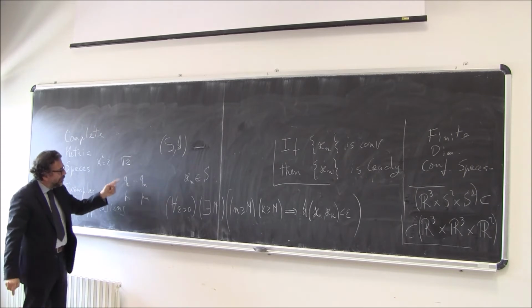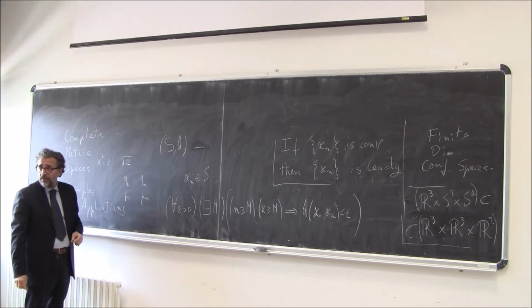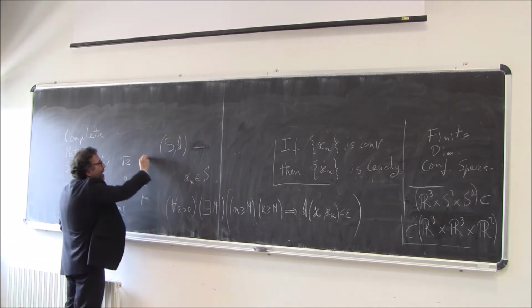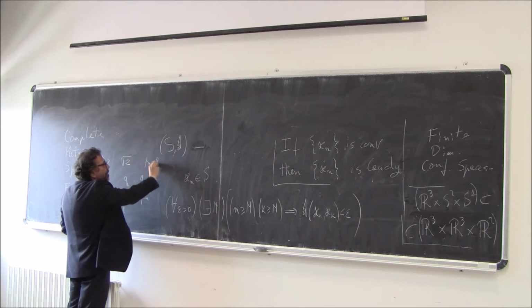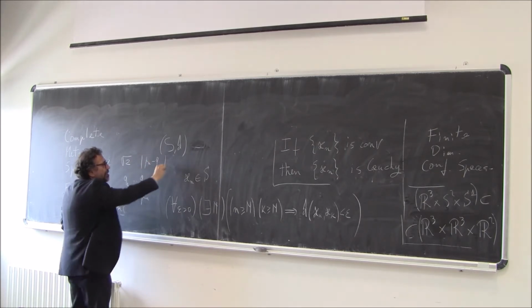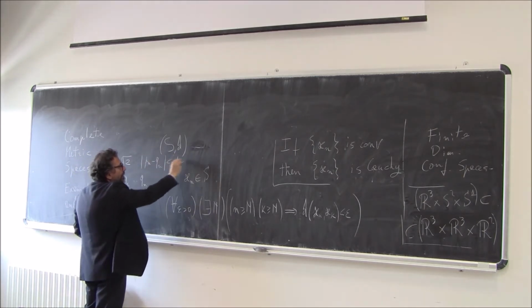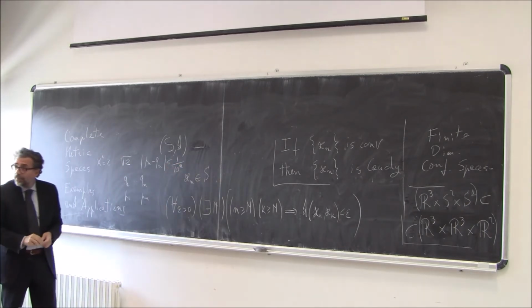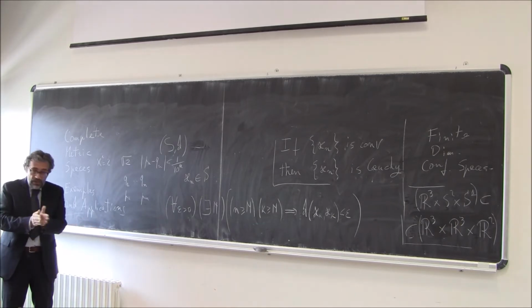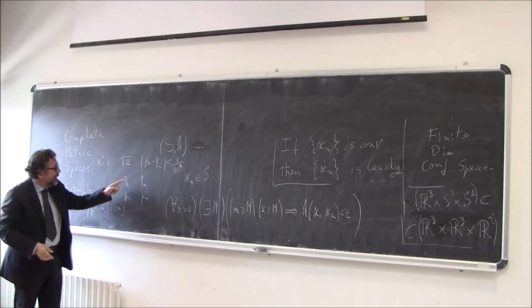You can find two sequences like that, such that the absolute value of Pn minus Qn is smaller than 1 over 10 to the power n. So they are becoming closer and closer.